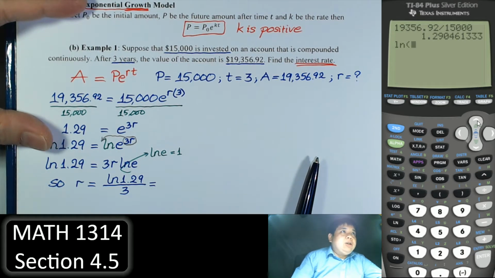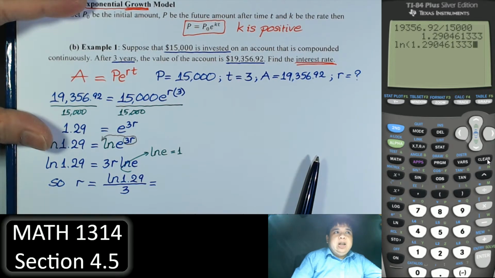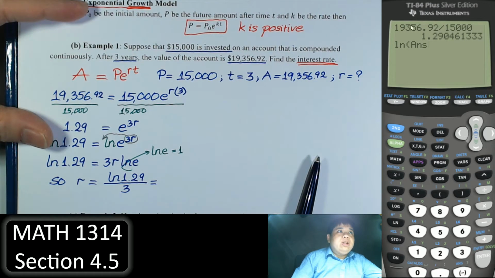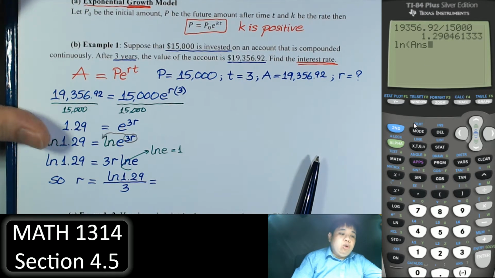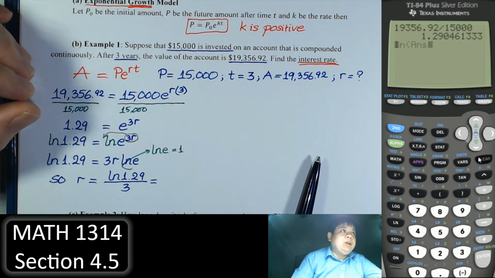I'm just going to go ahead and copy and paste. Either we do that or we hit second answer, which is the last answer in the calculator. So I'm going to use the whole number, not just 1.29. Once again, if you can do this, go up, highlight the number, hit enter, that copy and paste, divide by 3.